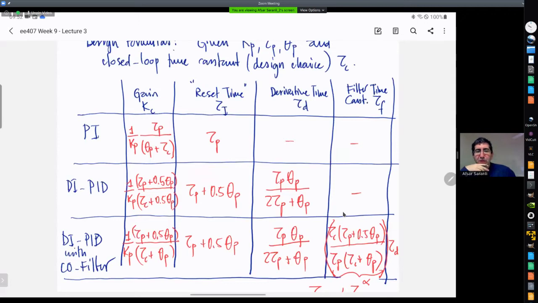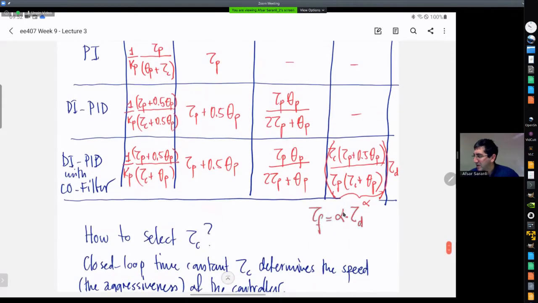These design formulas give you a controller based on those three parameters. You can just plug those values into the design formulas, and you obtain a starting point for a reasonable PID or PI controller. There was one more parameter as part of this design that is not part of the plant model, which is tau c.